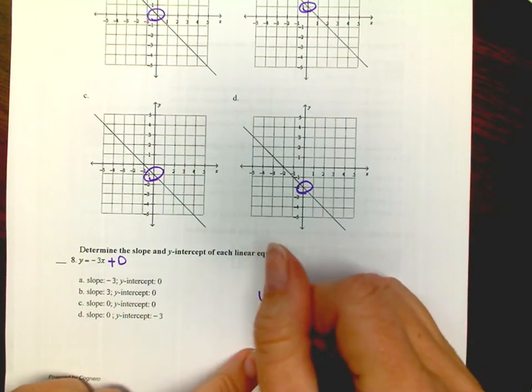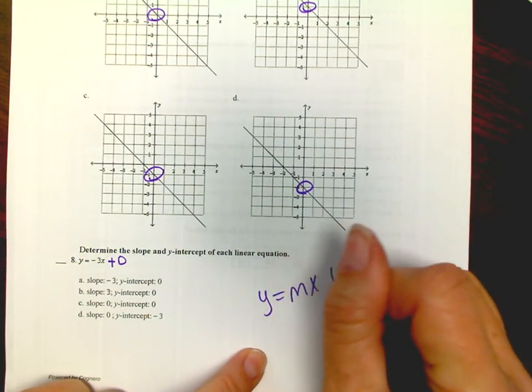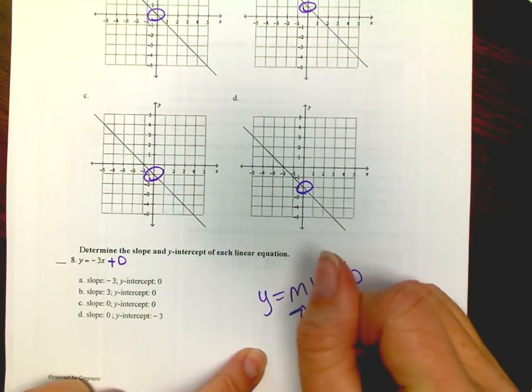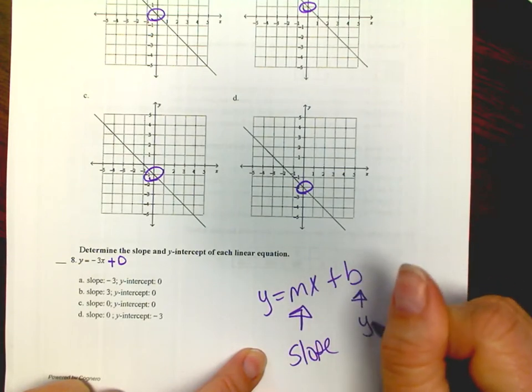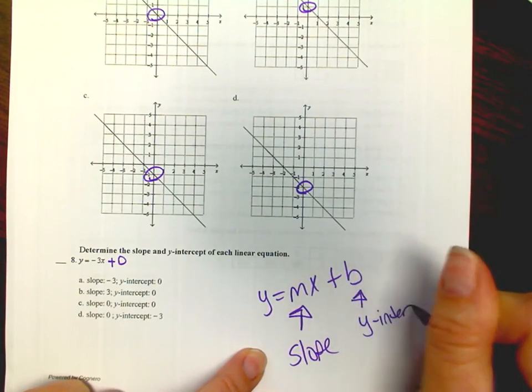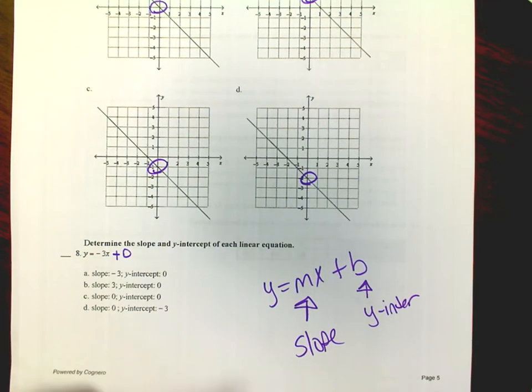So again, y equals mx plus b. Slope, y-intercept. So, out of this formula, which one is your slope and which one is your y-intercept? And look at the answers very carefully.